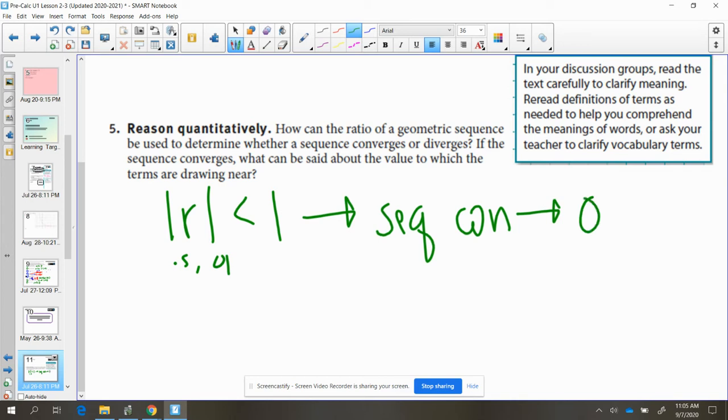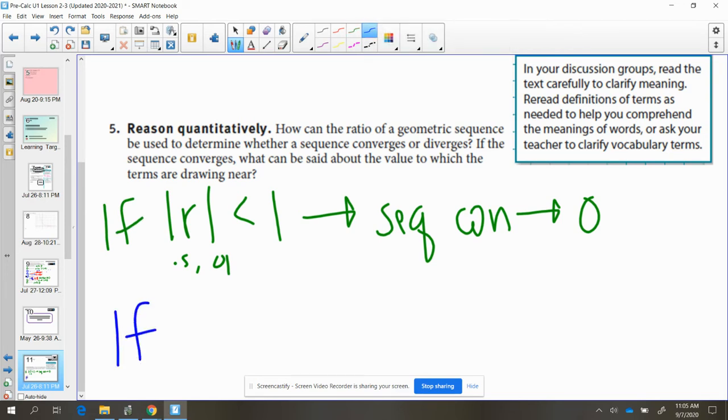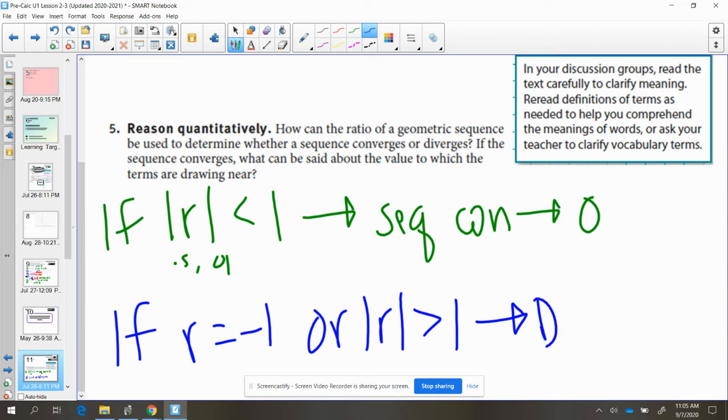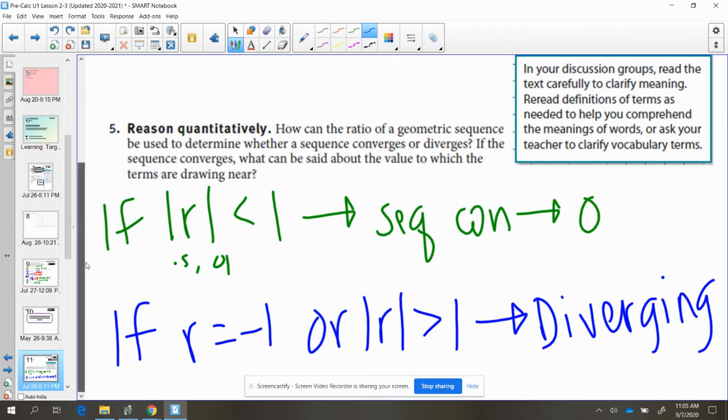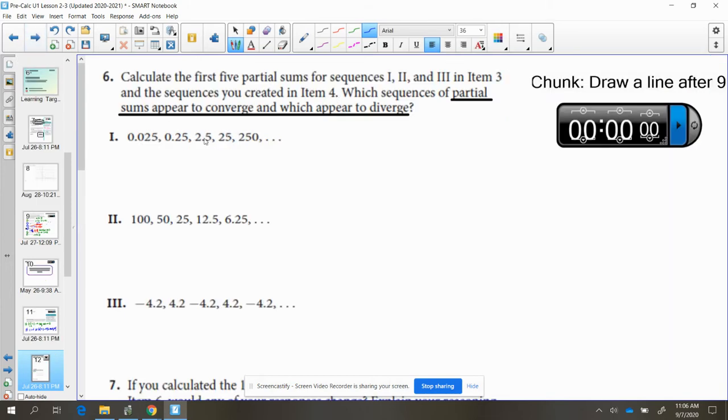On the other hand, if we had R values that were either equal to -1 or that absolute value of R was bigger than 1, that's where our series were diverging, right? So when it was -3 or when it was equal to -1 and oscillating, those were the ones that were diverging, okay? And that's going to also hold true moving forward with our partial sums.